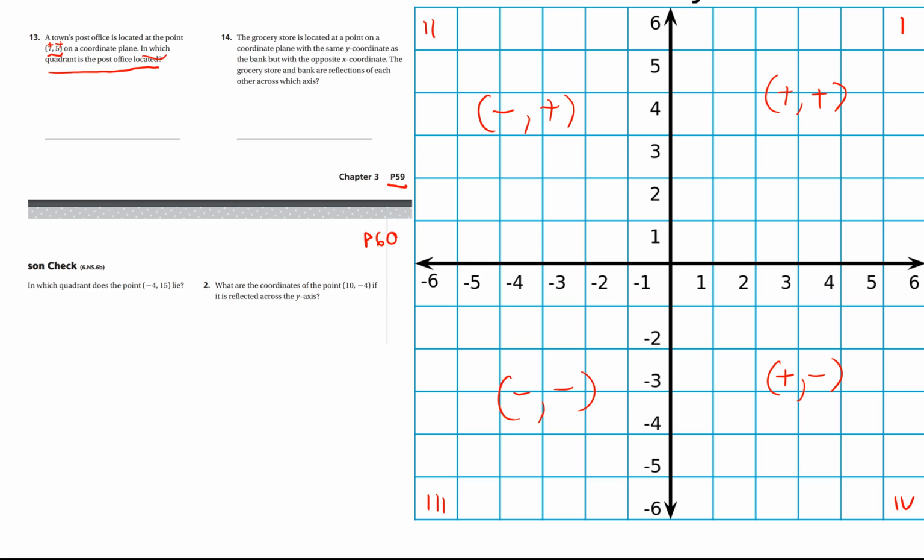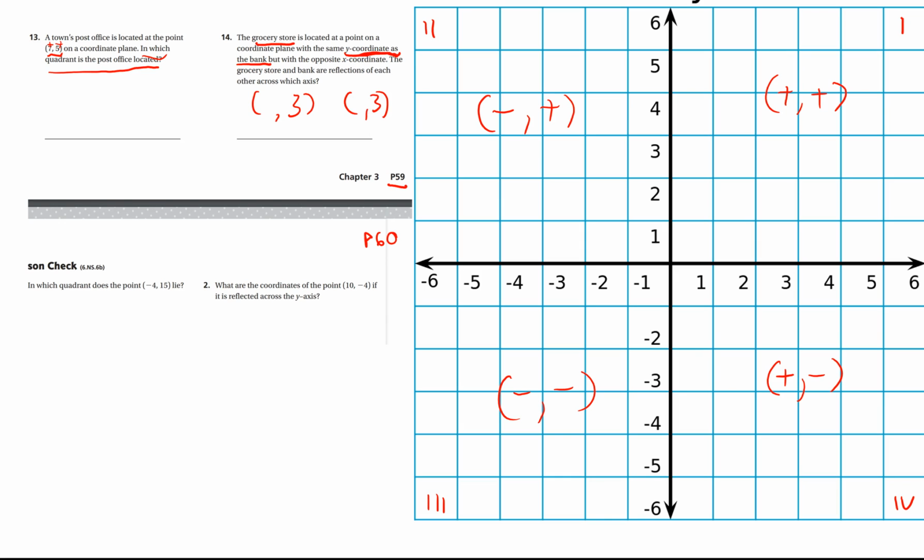Okay, number 14, the grocery store is located at a point on a coordinate plane with the same y coordinate as the bank. So the grocery store and the bank have the same y coordinate. Okay, we don't know what that is, but they both have the exact same y. So since they don't tell us what it is, but we know it's the same, let's go ahead and just put a number in there.